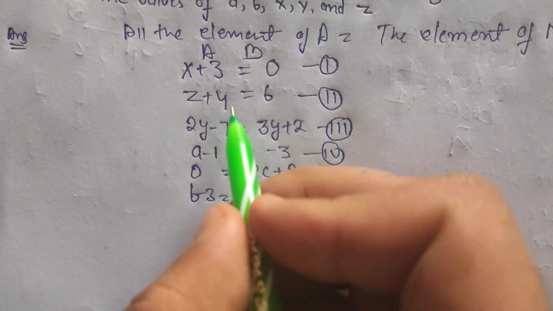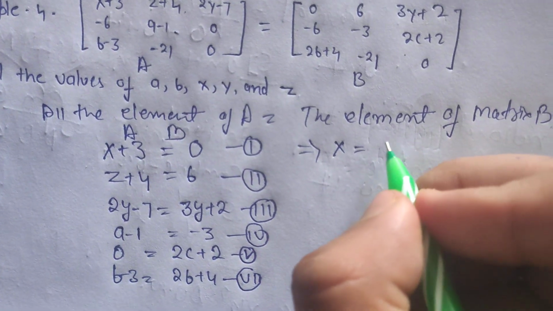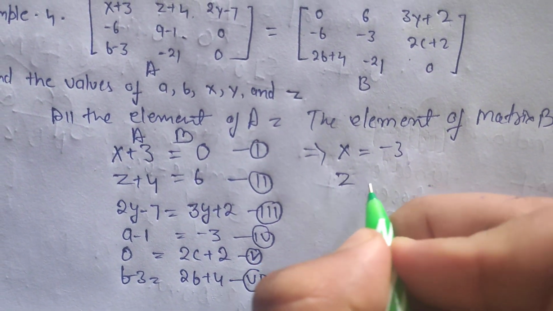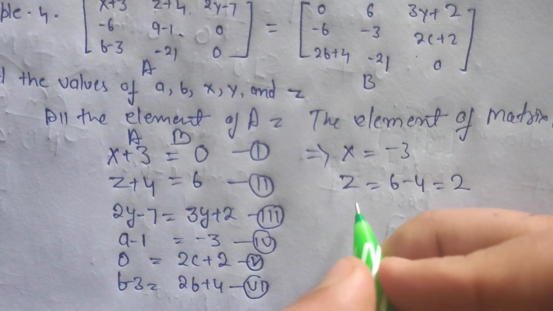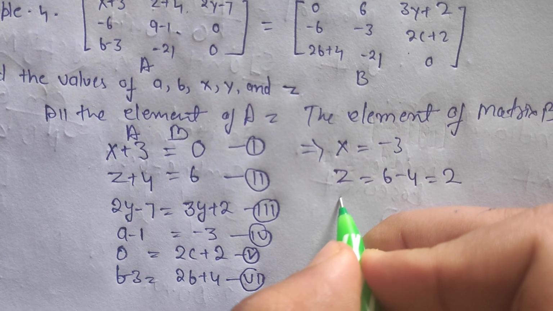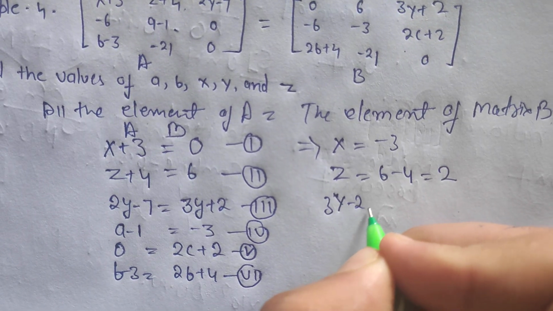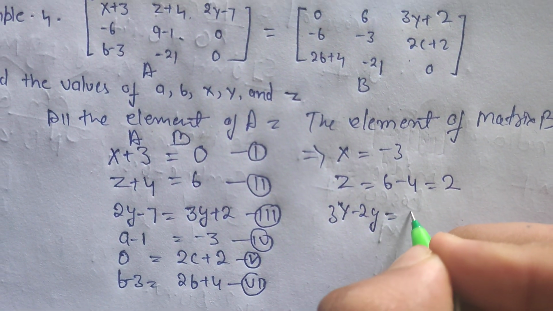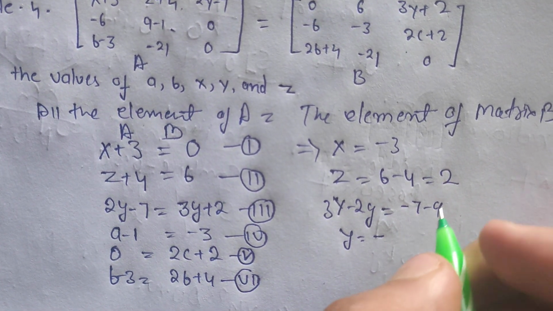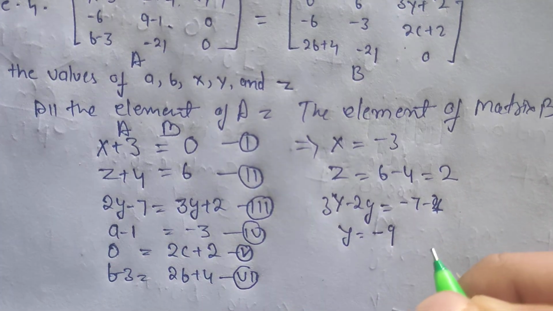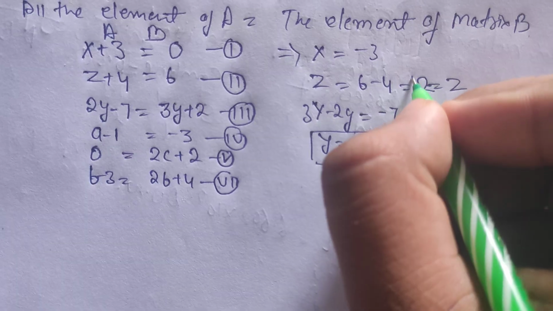So let's solve. From equation 1 we get x is equal to minus 3. z becomes 6 minus 4, which is 2. And here, by swapping, we get 3y minus 2y, and minus 7 minus 9, so y becomes minus 2 minus 9, that is minus 9, and that is z.